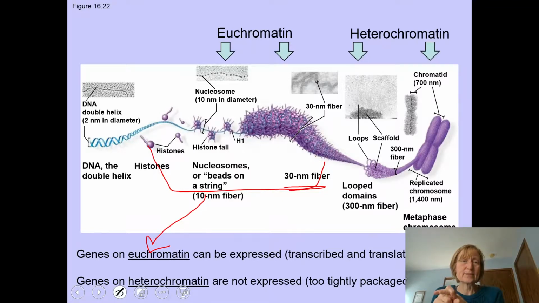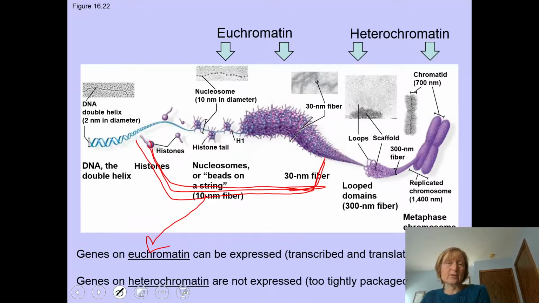There are some enzymes and machinery needed to find the genes, to transcribe the genes, make RNA copies of the genes, and then those RNA copies can be used to make proteins. If the DNA is packaged really tightly, then genes can't be transcribed or translated. But the DNA that's packaged in these ways is called euchromatin because it's loosely packaged. It can be used to make proteins.